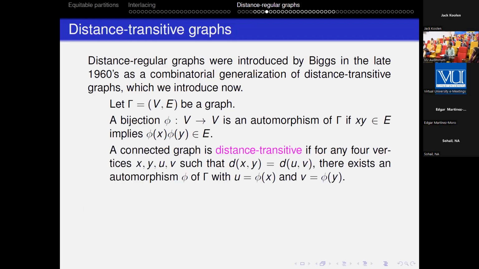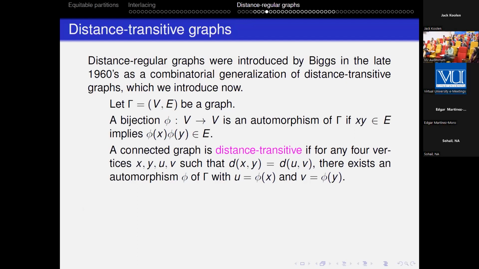A connected graph, officially you don't need the connectedness, but I prefer connected, is distance transitive if for any four vertices x, y, u, v such that the distance between x and y is equal to the distance between u and v, there exists an automorphism phi of gamma with the image of x being u and the image of y being v.